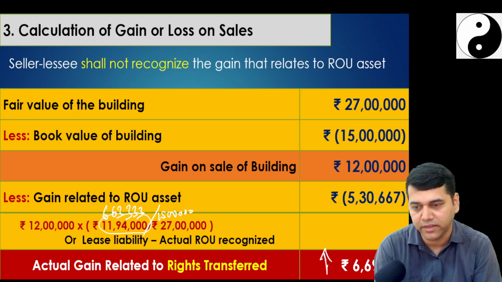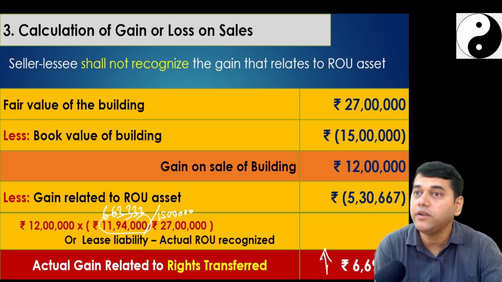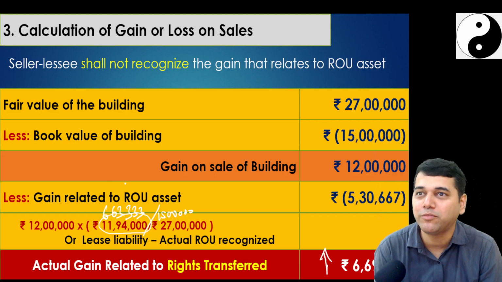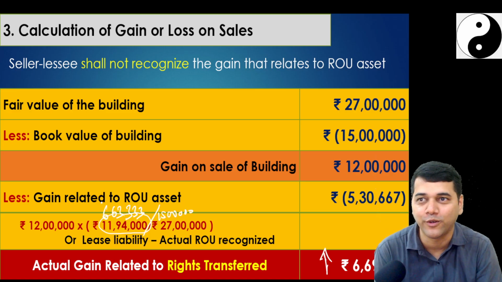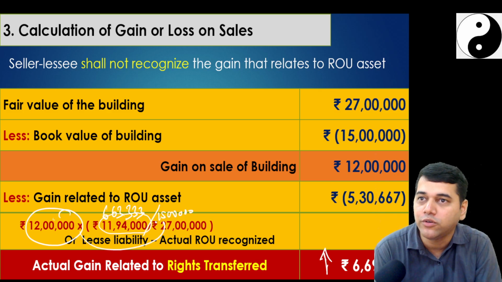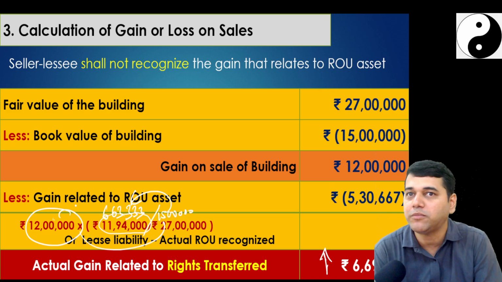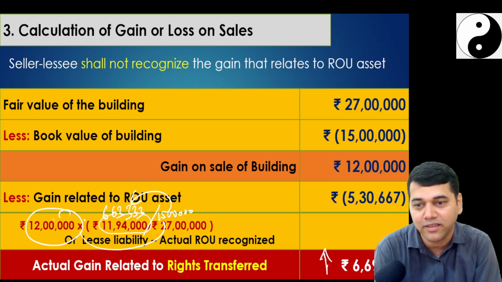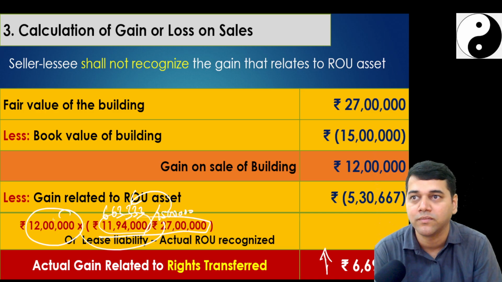Okay, it also makes sense here. 12 lakhs into 6 lakh 63,333 divided by 15 lakhs. 5 lakh 30,667. Okay, we'll do one thing. No, see, very good. And it makes more sense also. In fact, if we look, what you are trying to say is, in proportion to your book value, how much ROU you recognize, that much profit you will not recognize. This is what you are trying to tell. It actually makes more sense rather than this explanation of the ICAI.